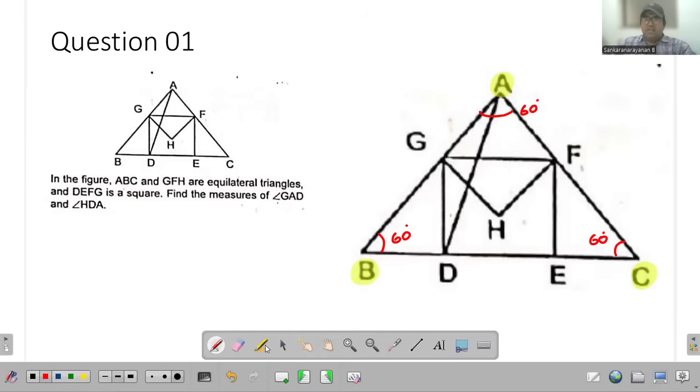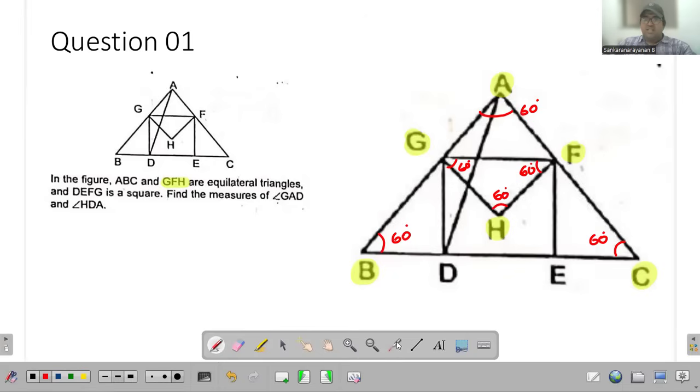Now, consider triangle GFH. So let's focus on the vertex here. G is here, F is here, and H is here. It's given that triangle GFH is also equilateral. So I can consider that this has to be 60 degrees. This has to be again 60 degrees, right? And in the same way, angle H should also be 60 degrees, right?